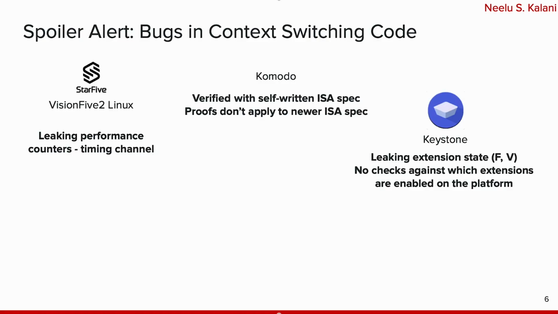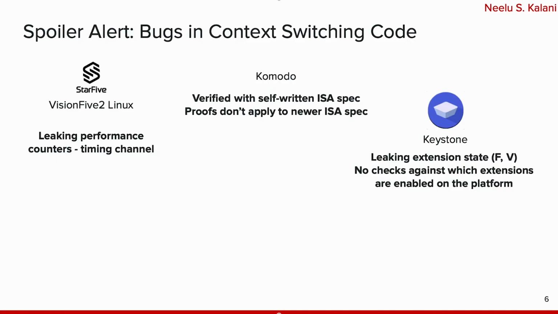Komodo, which is a formally verified security monitor software, has proofs based on a self-written ISA specification. But if those specifications are not kept up to date with the evolving ISA, the proven security properties do not hold, and as expected, the registers introduced with newer ISA state are not taken into account by Komodo.